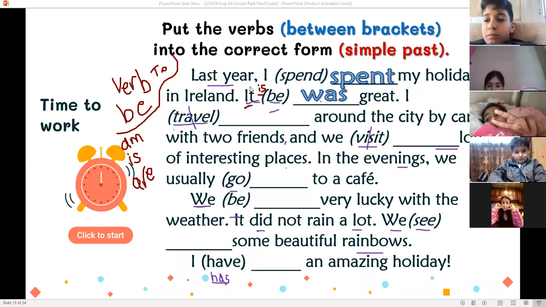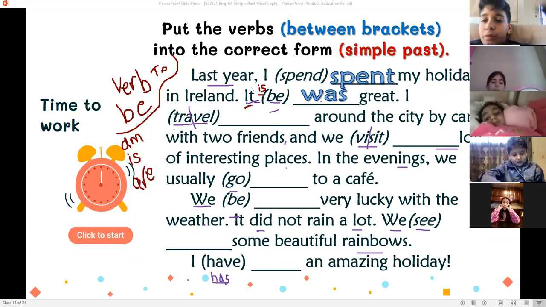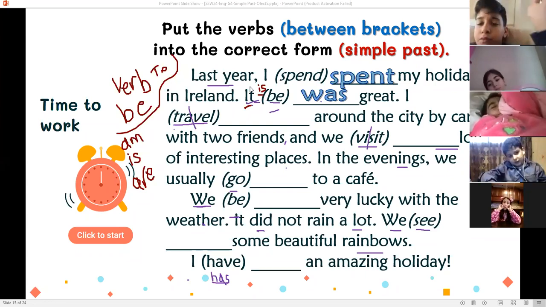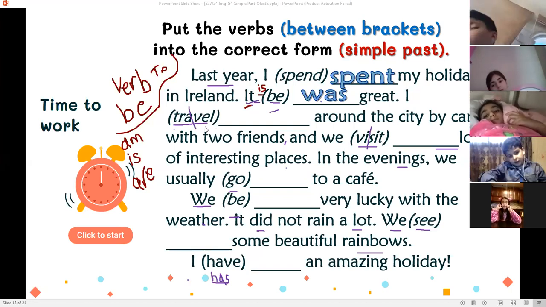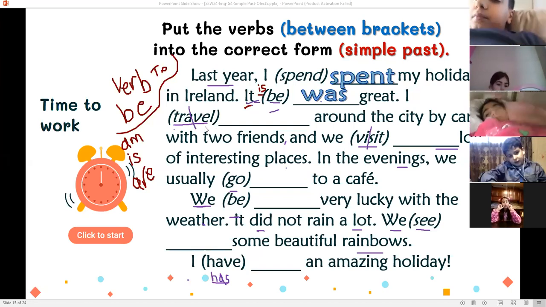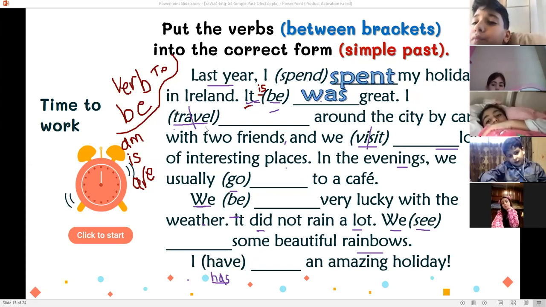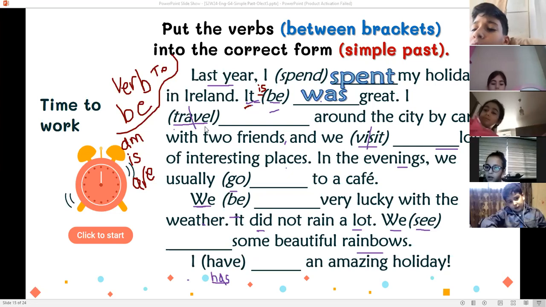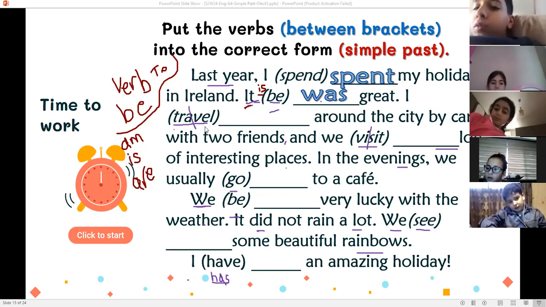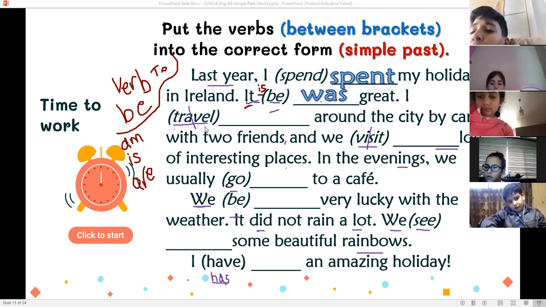Two. Yes, two syllables, bravo. So if you have a verb with two syllables and it ends with like, is it stressed? Travel. Am I stressing like refer? No, so it's not stressed. So what should you do? How do you write it?